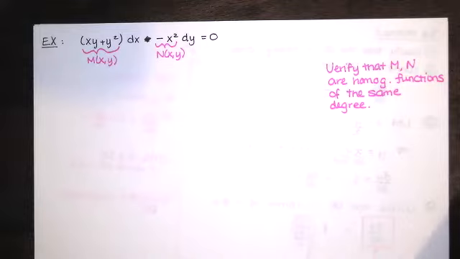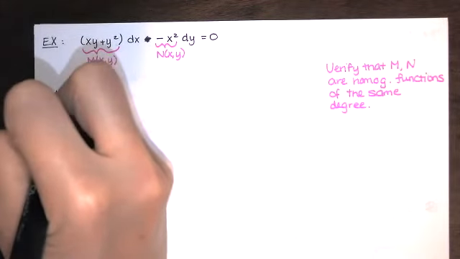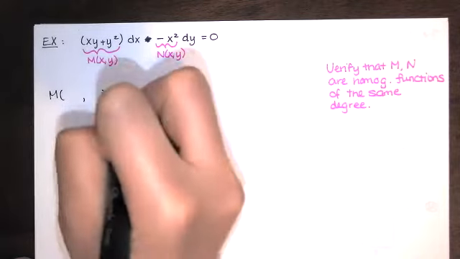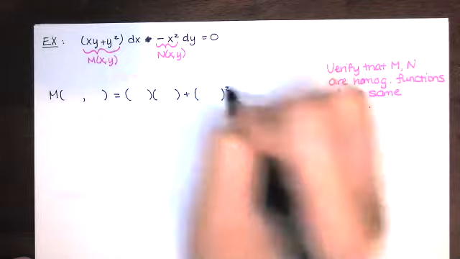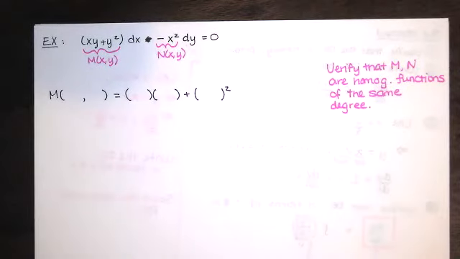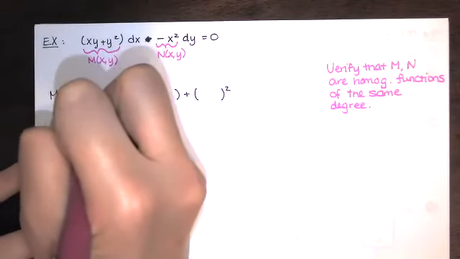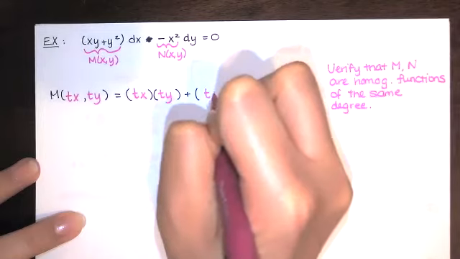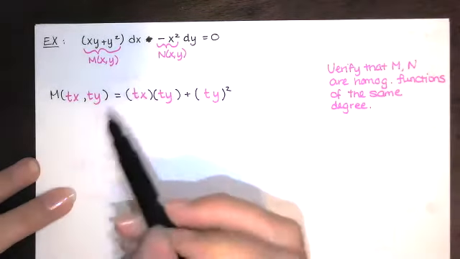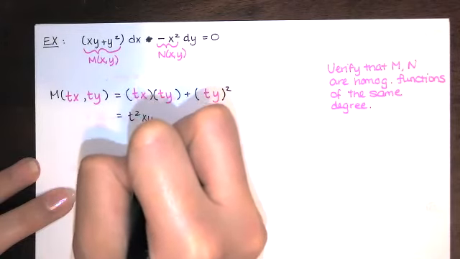But we should verify it on paper, just so that if a reader is looking at our work, they can follow along. It's not enough just to know how to do it yourself. We have to know how to communicate it with other people. So we're going to replace x with tx and y with ty, and then simplify. We got a t times t there, that's t squared times xy.